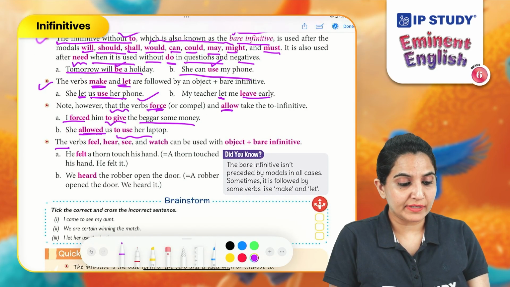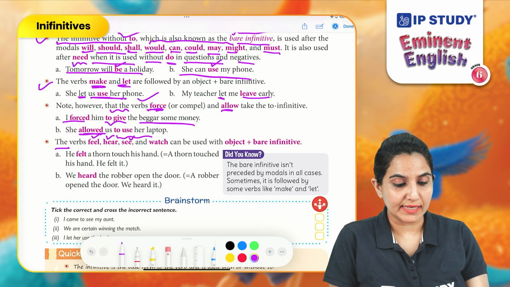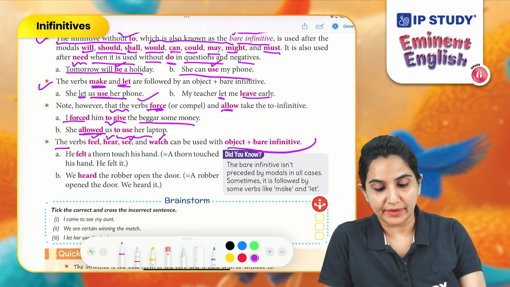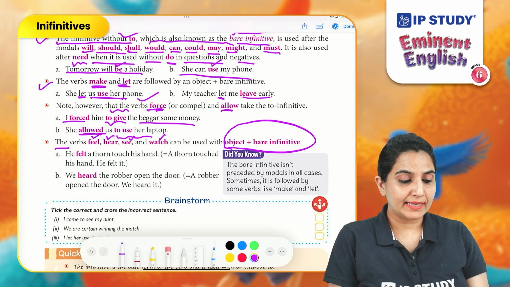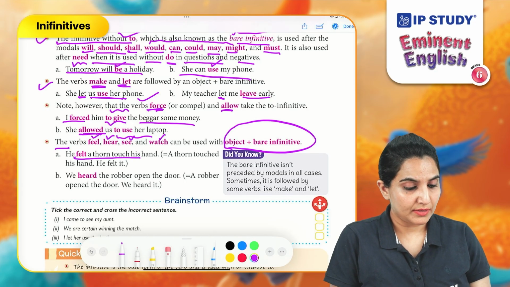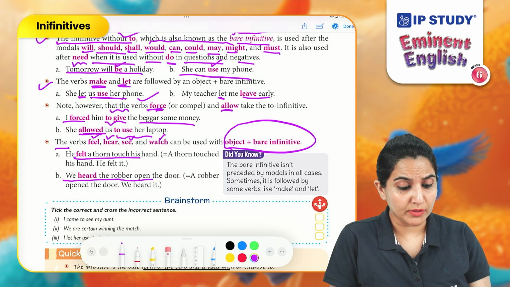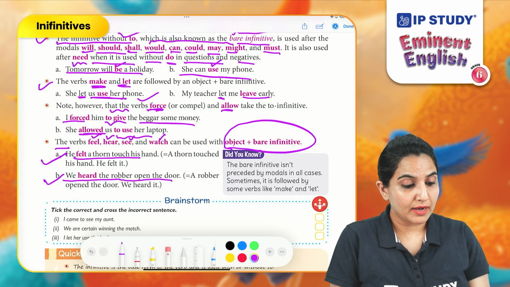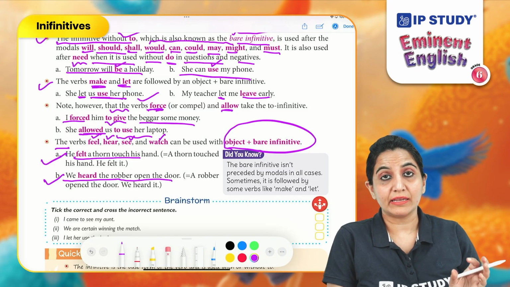The verbs feel, hear, see, watch can be used with an object and a bare infinitive. Like, he felt a thorn touch his hand. We heard the robber open the door. Right? So in both of these sentences, a thorn touched his hand and he felt it.